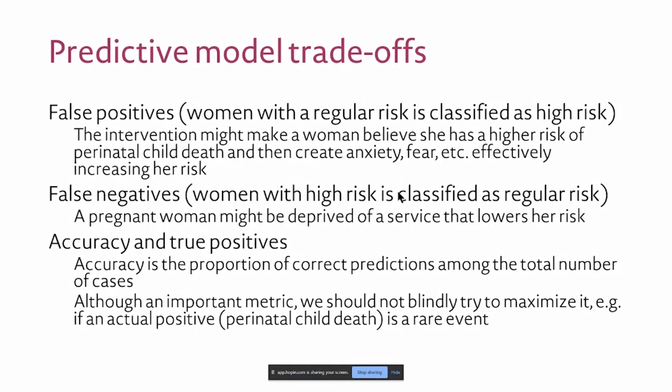And then accuracy or other metrics is also something where decision makers that are not so versed in machine learning could just look at the numbers but interpret them incorrectly. So for example, accuracy is a proportion of correct predictions as compared to the total number of cases, in this case, negative pregnancy outcomes.